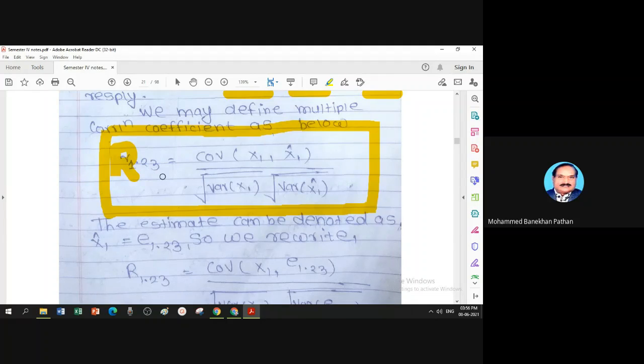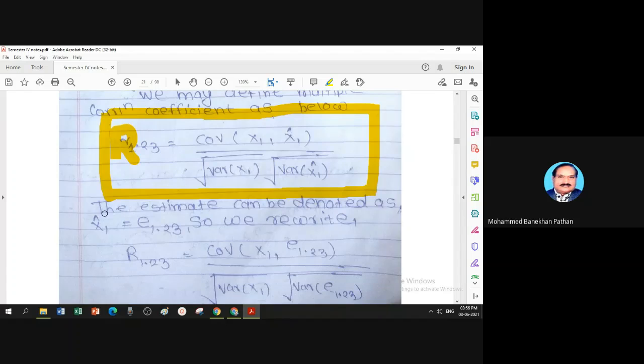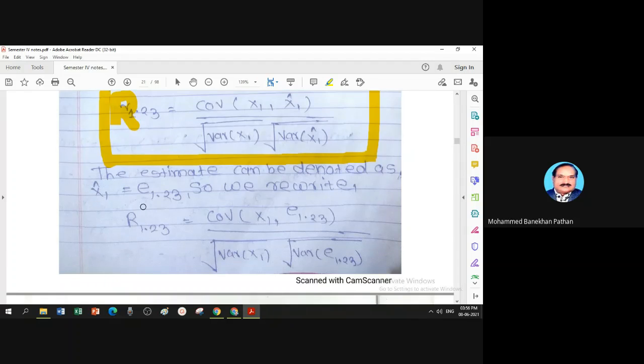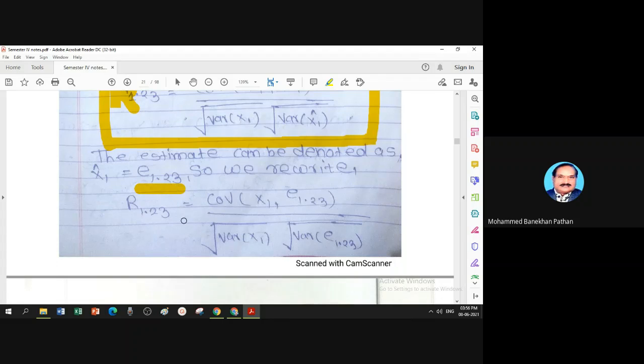That comes under the derivation of the multiple correlation coefficient. Sometimes x1 cap may be written symbolically as E1.23. So you have another way of writing the definition of the multiple correlation coefficient. Now this is the correct symbol.